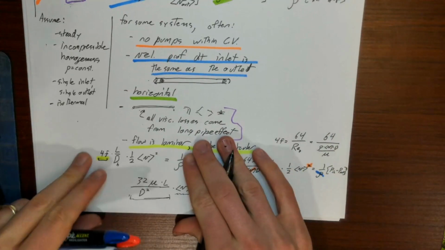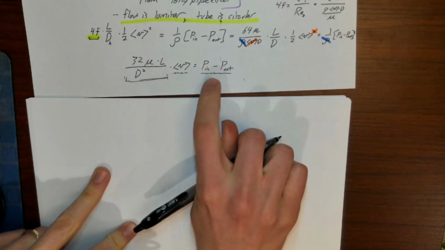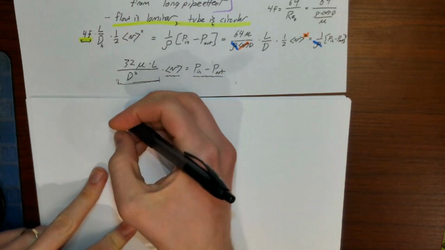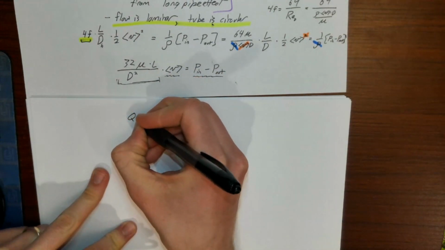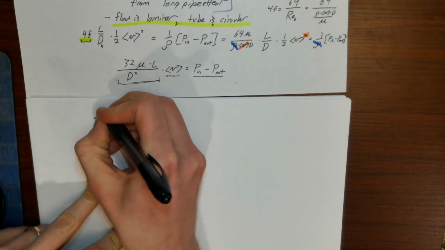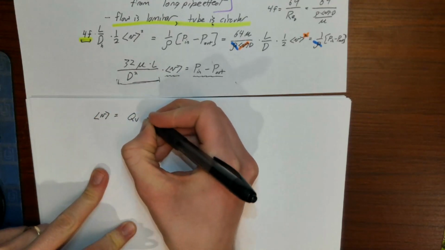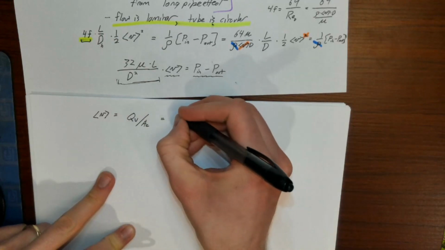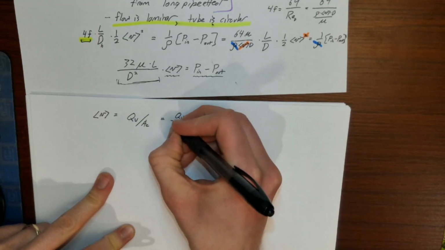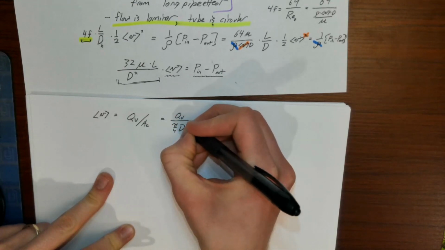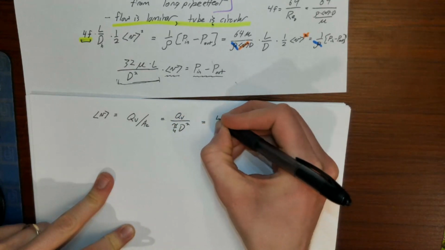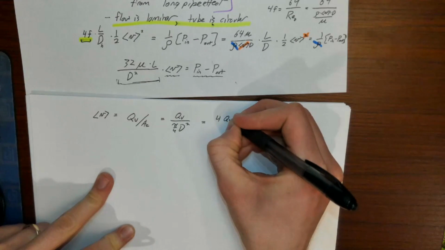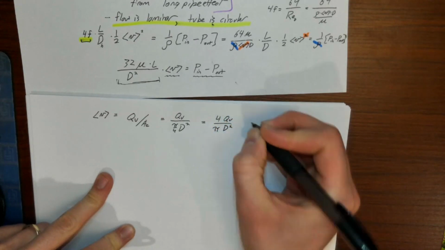So it's useful to do one more tweak on this equation where we say, hey, this average velocity is essentially equal to the volumetric flow rate divided by the cross-sectional area, or in this case, the volumetric flow rate divided by pi over 4 d squared, or 4 times the volumetric flow rate divided by pi d squared.